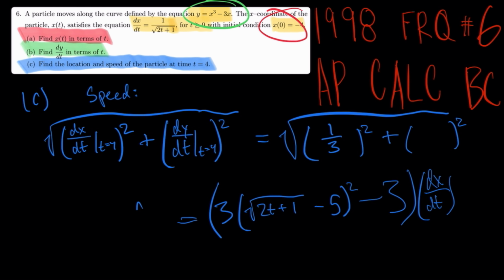And then this equals dy/dt. So plugging in 4 to this expression, we will get 3. And I will plug this square root expression into my calculator, and then my answer is 3.018.